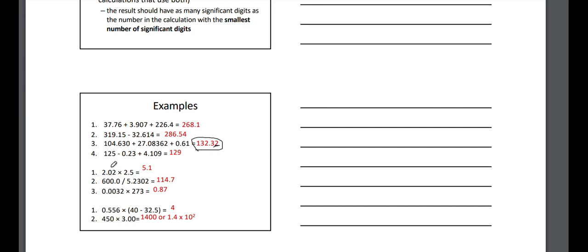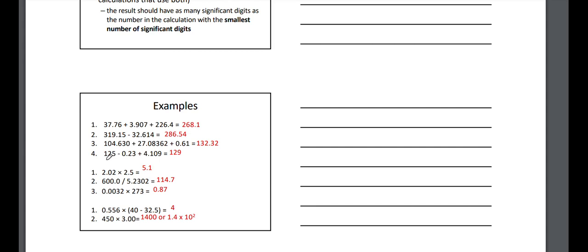All right, let's do one last one in addition and subtraction before we transition into multiplication, division, and some of what I call combo problems, where you have a combination of subtraction, addition, and also multiplication. Okay? So let's do the 125.